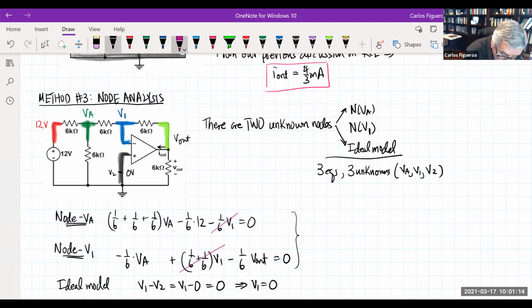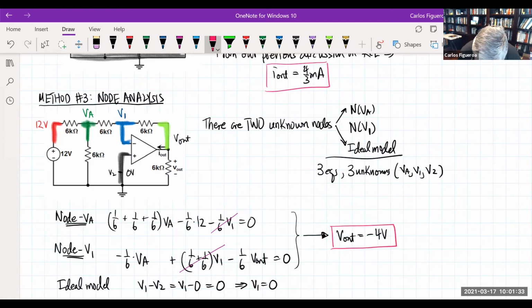And so what I'll do here is that if you were to calculate this thing, we're going to get, of course, that V out is equal to minus 4 volts, just as expected. So that's how you would set that up and use the ideal condition to actually do that.